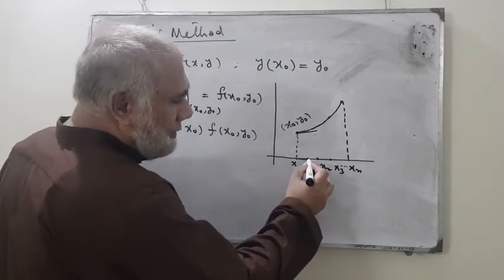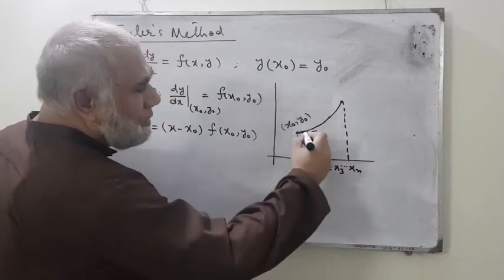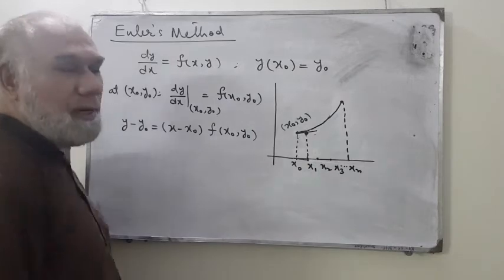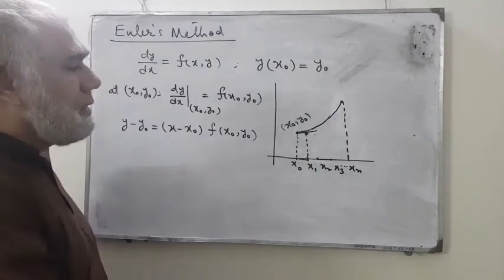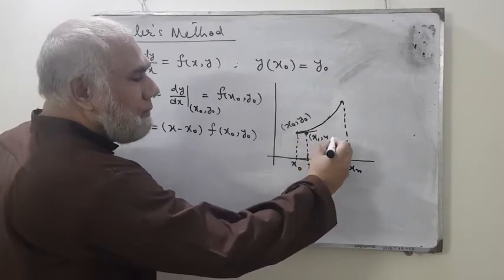So this is the tangent line equation which we have just constructed, and when we reach this part of the interval which is at x1, the point corresponding to x1 will definitely be on this tangent line. The corresponding coordinates of this point are x1 and y1.